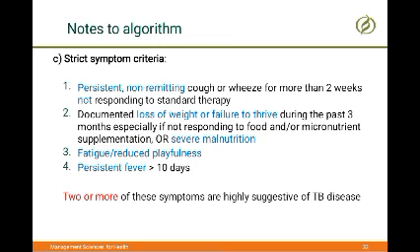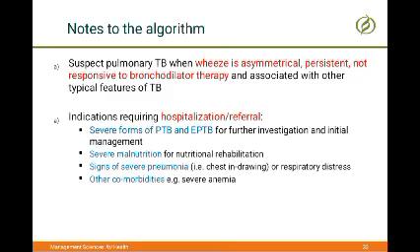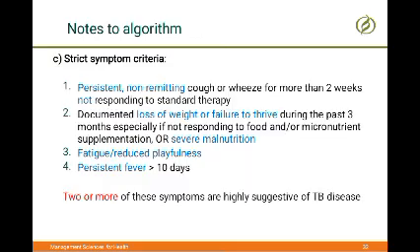Strict symptom criteria. 1. Persistent, non-remitting cough or wheeze for more than 2 weeks, not responding to standard therapy. 2.